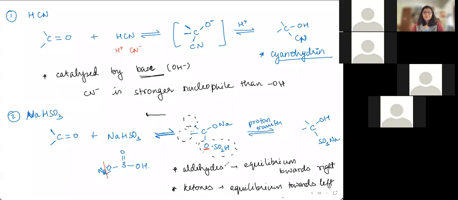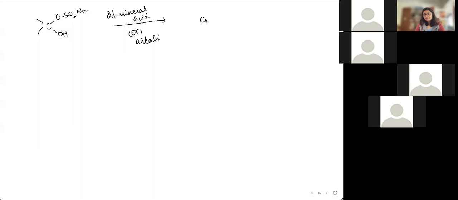So a speciality about this particular reaction, why do we need to know about it, is when this product, C(OH)OSO2Na, is treated with a mineral acid or an alkali, either in acidic or basic condition, it gets converted back into C double bond O. You get this back again, the reaction is reversed.